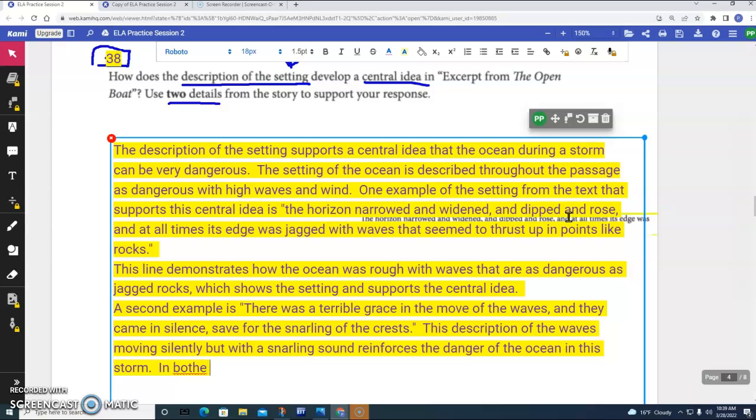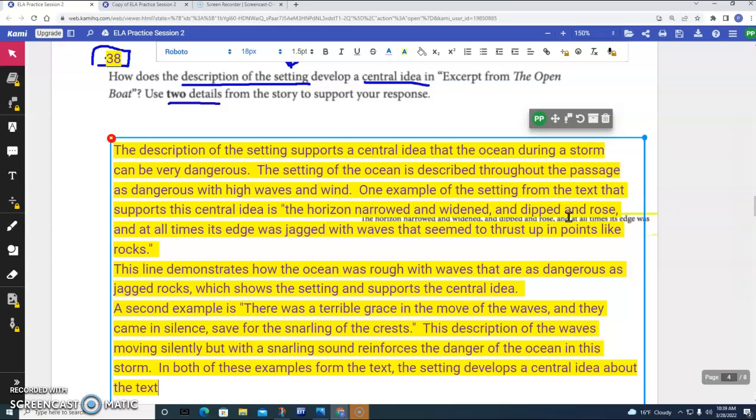In both of these examples from the text, the setting develops a central idea about the text, that this ocean is dangerous for the sailors because of the storm.